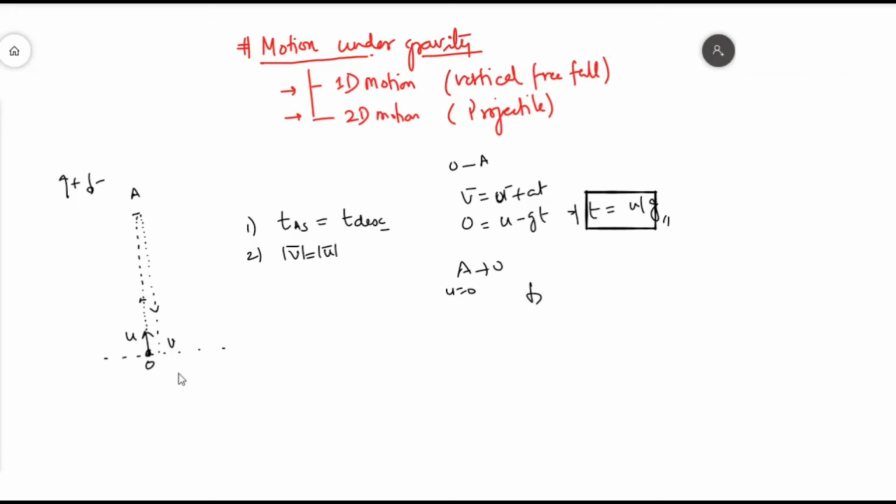While this body was going up from O to A, the corresponding distance traveled, let's say h, can be calculated using v² = u² + 2as. The final velocity is 0, so 0 = u² - 2gs. So s is going to be u²/2g. This will be the maximum height, u²/2g.